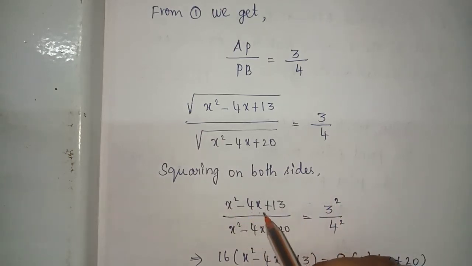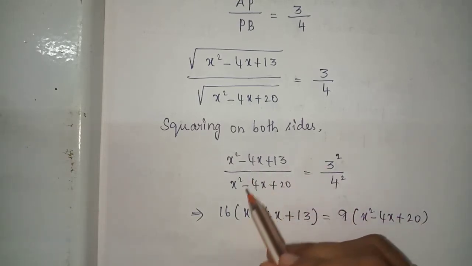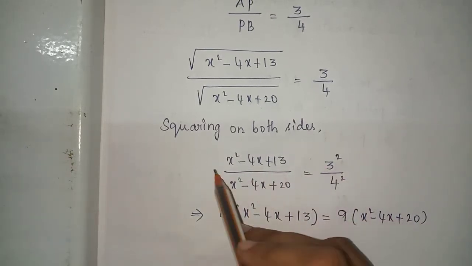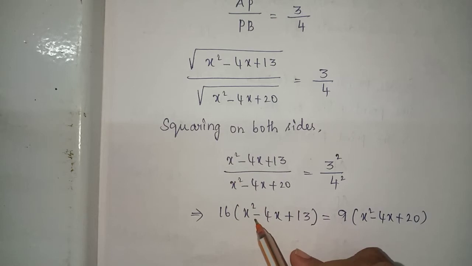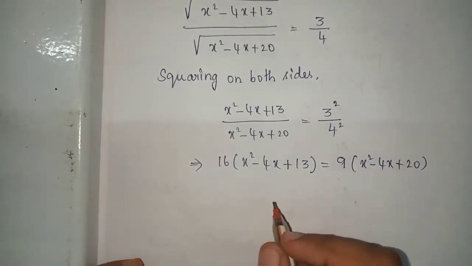So x square minus 4x plus 13 divided by x square minus 4x plus 20 is equal to 3 square by 4 square. So the next step is cross multiplication. 4 square is 16. So 16 into (x square minus 4x plus 13) is equal to 3 square is 9, so 9 into (x square minus 4x plus 20).